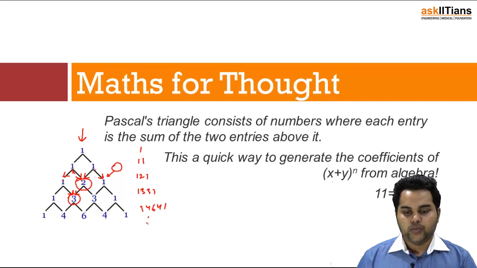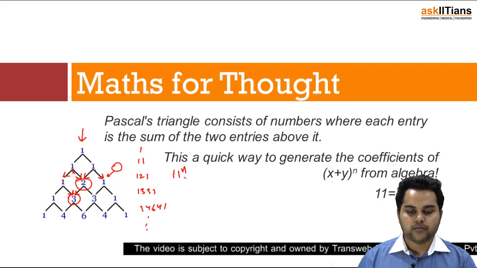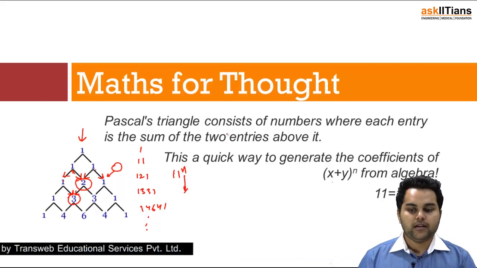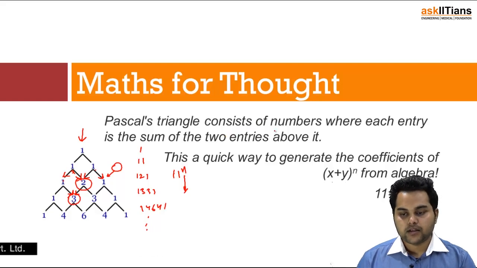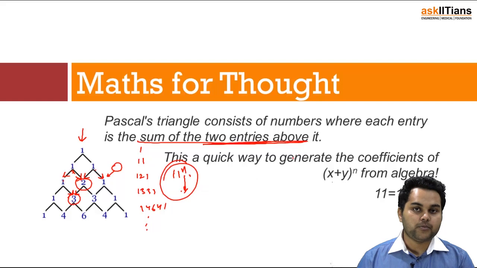But if I see that, aren't these 11 raised to n pattern? So Pascal triangle consists of numbers where each entry is the sum of 2 entries above it. But this is also a quick way to generate 11 raised to n, the reason being, the mathematics behind that is, it is of the form x plus y raised to n.